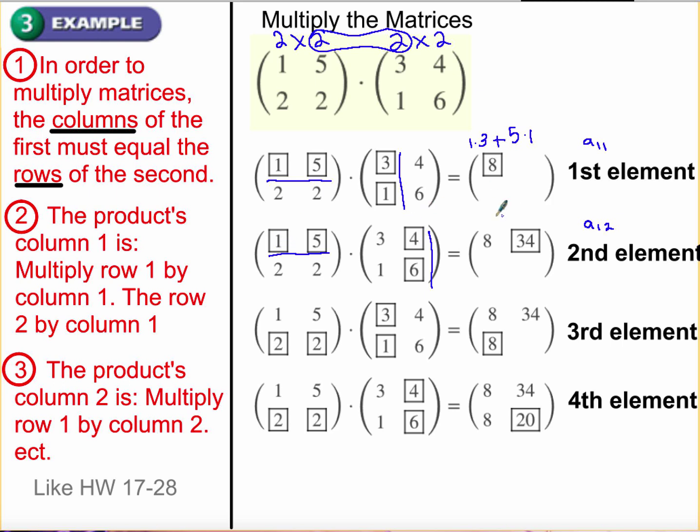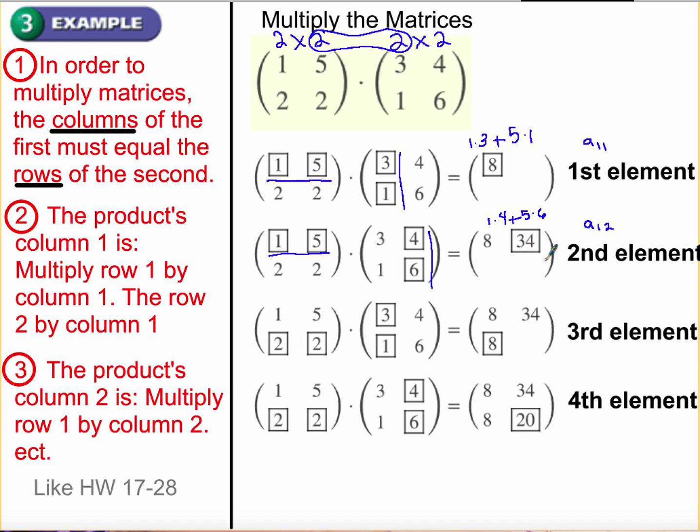So that's going to be 1 times 4 plus my next element, second element, 5 times the second element, 6. 1 times 4 is 4. 5 times 6 is 30, and 4 plus 30 is 34. We've got our second element.